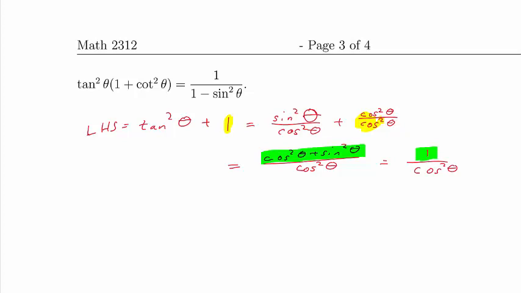And now we can use the Pythagorean identity on cosine squared and replace it with 1 over 1 minus sine squared theta.